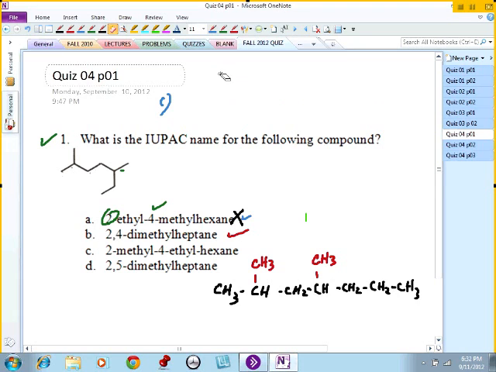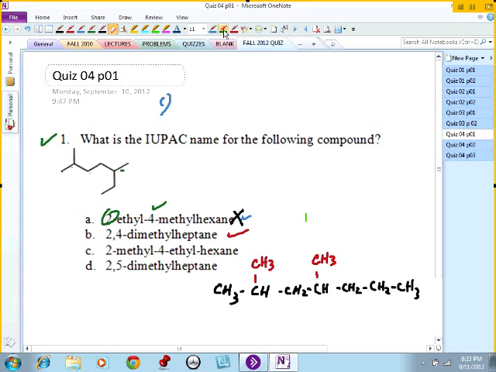It's also wrong because of alphabetical order. I told you 2 of them were wrong, so this is one that was wrong, and this is also wrong because the name is not in alphabetical order. So let us see whether the name is correct in the first place, even without the alphabetical order.